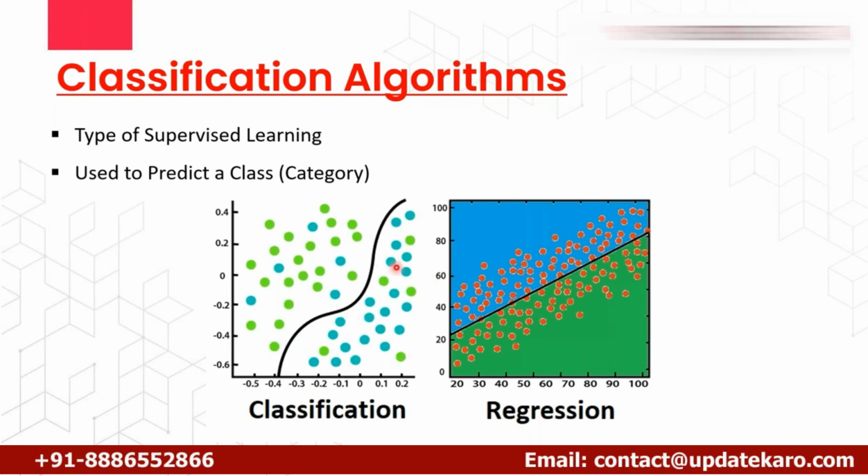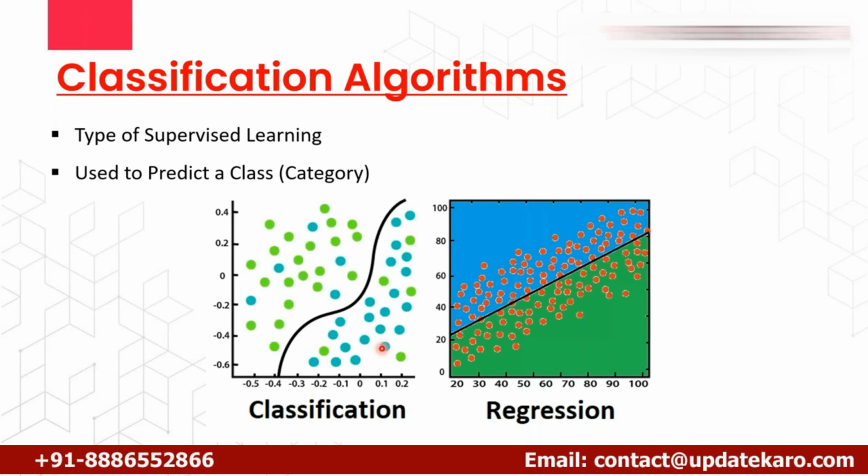So here you can see that we just built a model of classification. Don't imagine this in just two dimensions. Let's say we have data with 10 columns. We can't imagine 10-dimensional data, right?